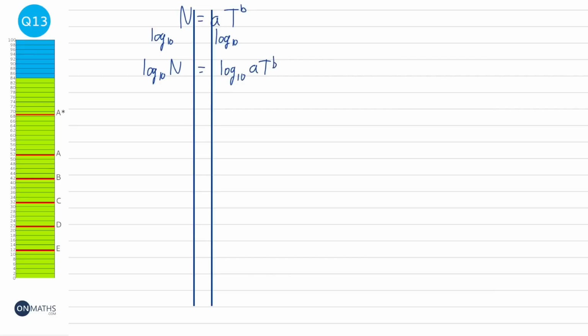Now one of the rules of logs is that when you have a multiplication in there, we can split that up into 2 logs that add together. So we can split that up into log 10 a plus log 10 t to the power of b. One of the other rules of logs is if you've got any powers, you can bring them down into coefficients.